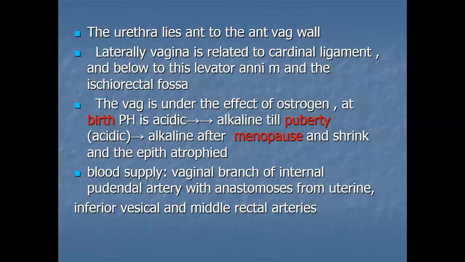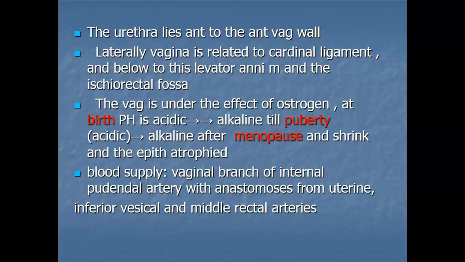At birth, the pH is acidic because of estrogen from the mother, and then it changes into alkaline in the pre-pubertal period. Once puberty starts, the media will change into acidic again due to secretion of estrogen and progesterone, and then after menopause, with stoppage of these hormones, the alkaline media returns again.